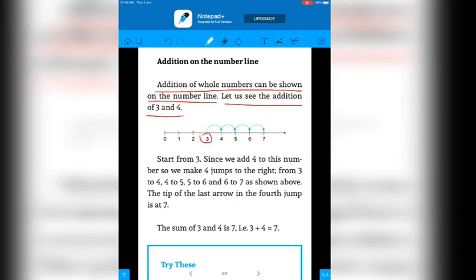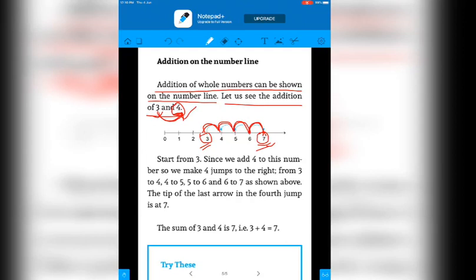First you mark the 3, that is here. If you are adding 3 and 4, you have to go forward 4 steps from 3, like 1, 2, 3, 4, because we are adding 4 to 3. The fourth step is on the number 7. So the sum of 3 and 4 is 7.